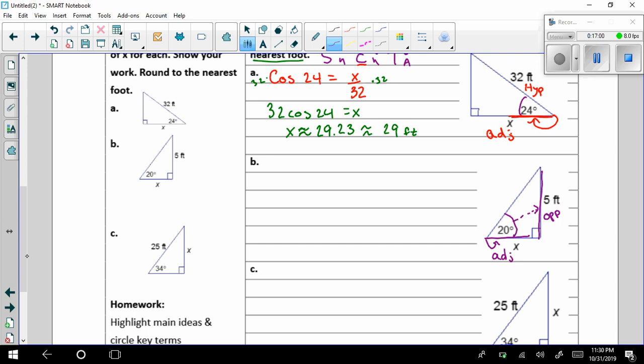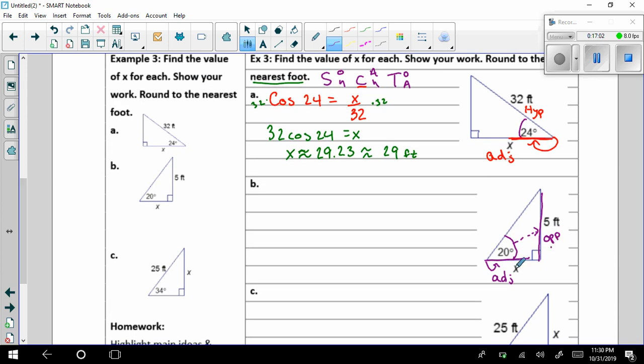So the trig identity that uses opposite and adjacent is your tangent. Right? So the tangent of 20 is equal to opposite, which is 5, over adjacent, which is x.